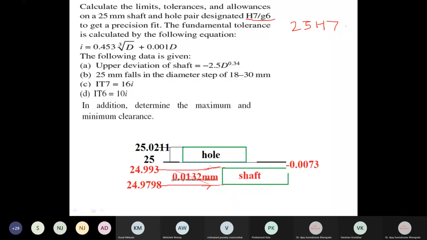Using these empirical relations, we can work out the limits of the hole and the shaft, and we can determine the maximum clearance and the minimum clearance. This will generally be given to solve as an example in the exam, as it is an easier way to work it out.